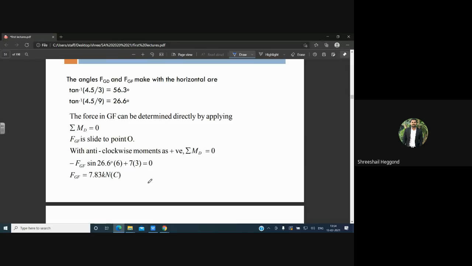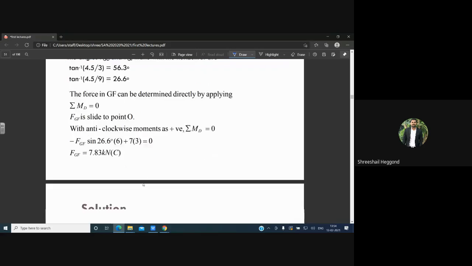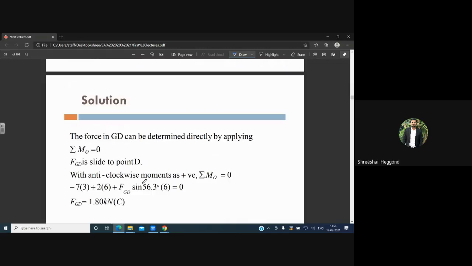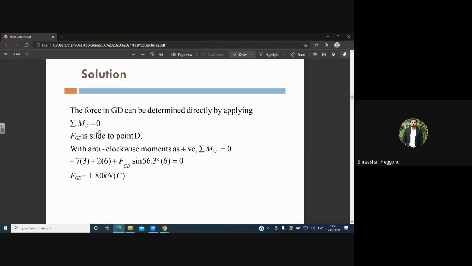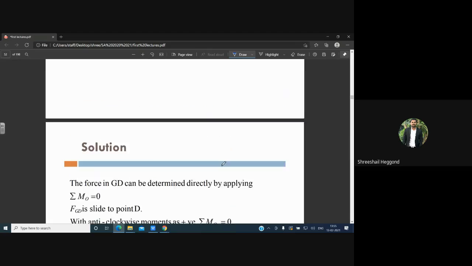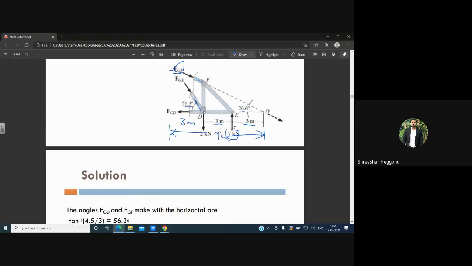Once you calculate the GF value, then you can calculate GD. Moment about O can be considered to be 0, that is an imaginary joint, and write the expression for moment about O point to be 0. That is the loading condition, the 7 kilonewton into 3 is the distance about O point.